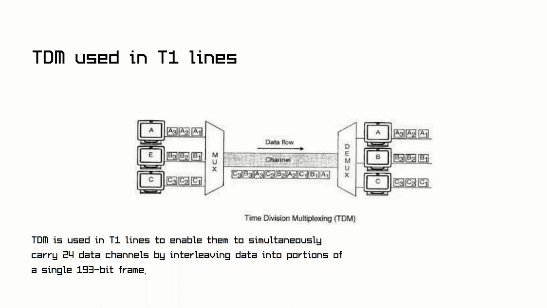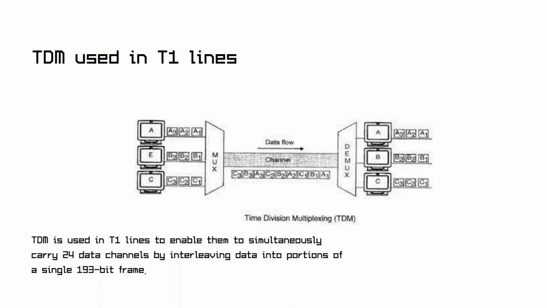This framing process occurs 8,000 times per second. That's huge, and it produces a total throughput of 1.544 megabits per second, right? Now this was about the T1 lines in TDM.